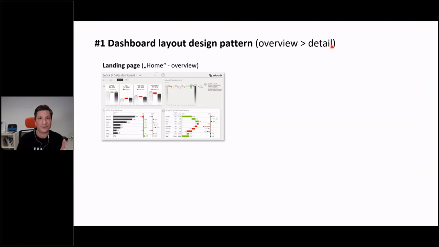First, you need a really good landing page, right? Or the home page or the overview page. So this is the first page that all of your key end users will actually see. So you need to make sure that when you design your landing page, you have your audience in mind. The landing page should be personalized, optimized for this group of your end users.